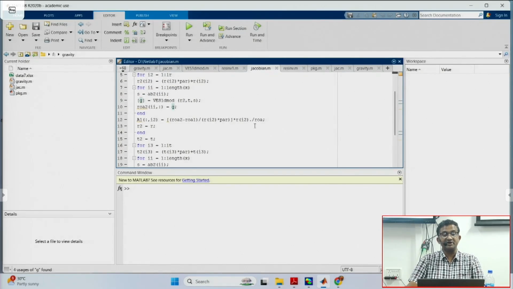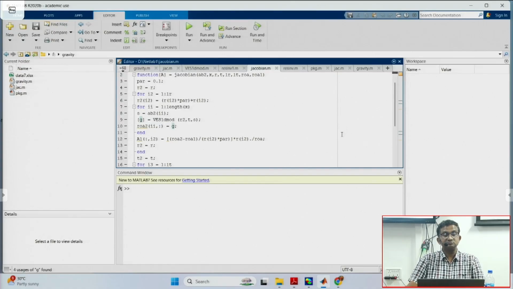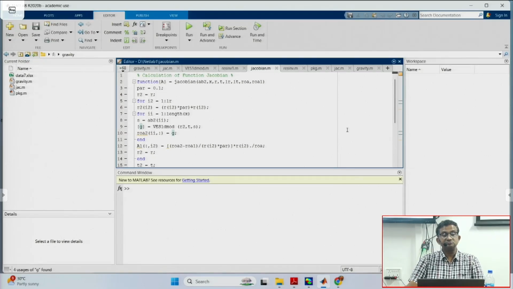J is the Jacobian. Only then can we use the inversion.